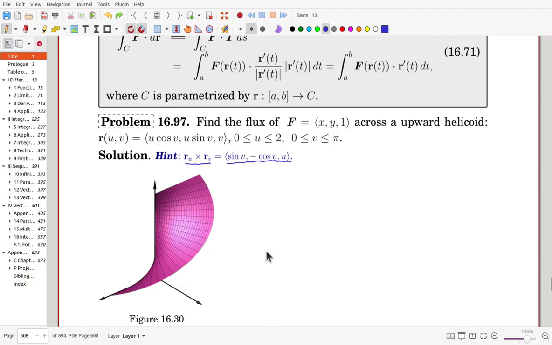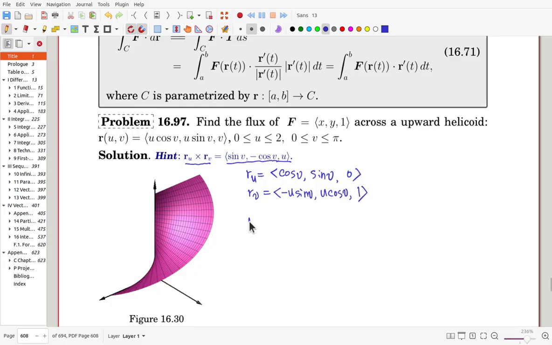Now, R sub u. From here, the u derivative, there's cosine v and sine v, and the last component must be 0. And how about the v derivative: minus u sine v, from the second one u cosine v, and that must be 1.